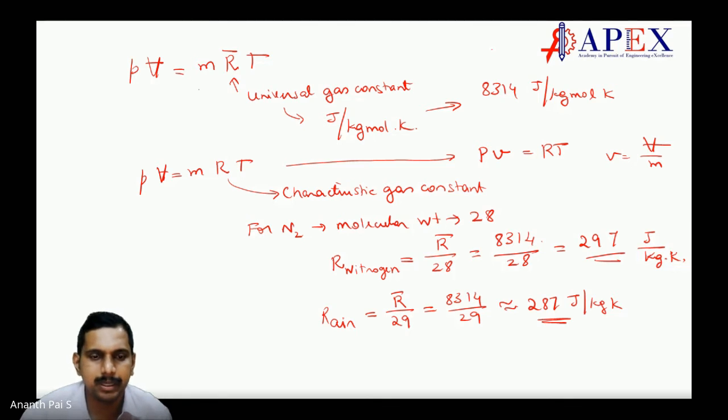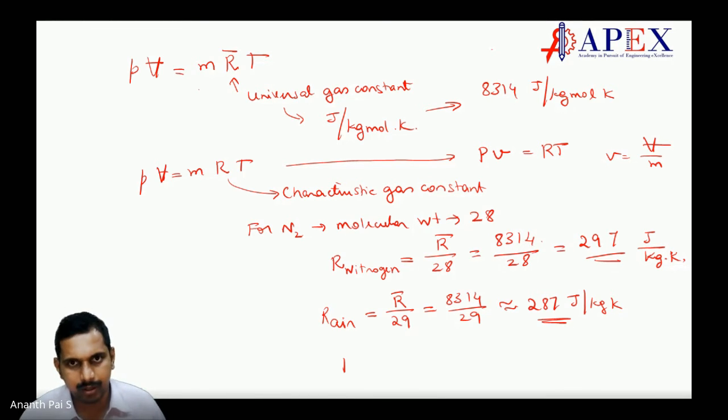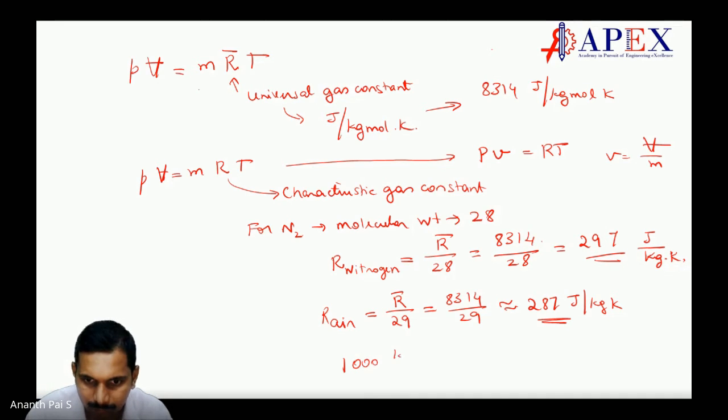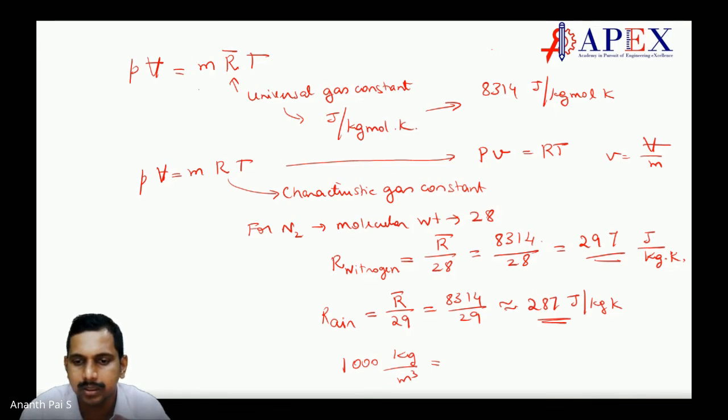For example, the density of water is 1000 kg per meter cube. Let us convert into grams per centimeter cube. How will you do that? You say 1000 into 1000 kg is 1000 grams, right?